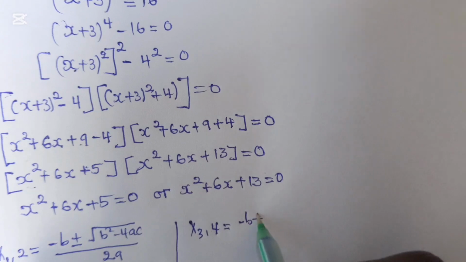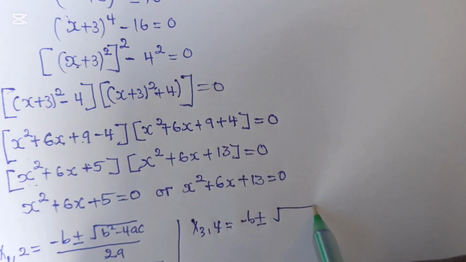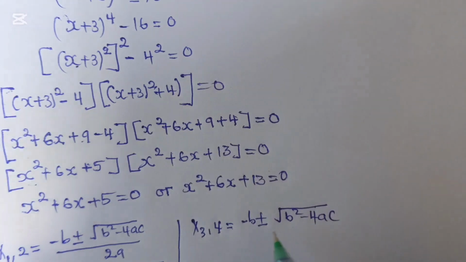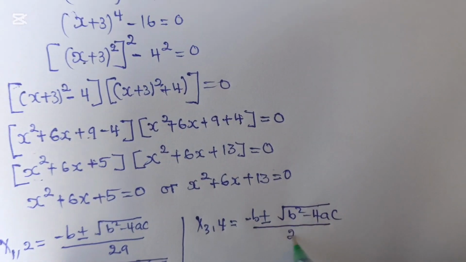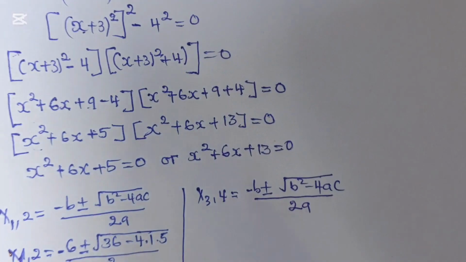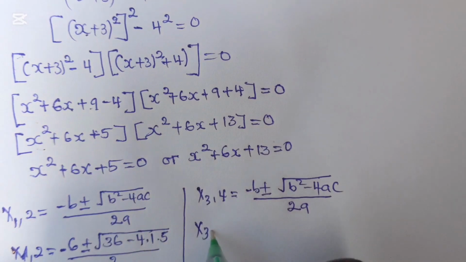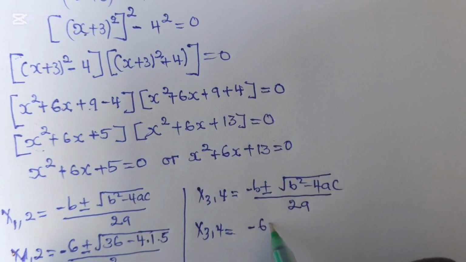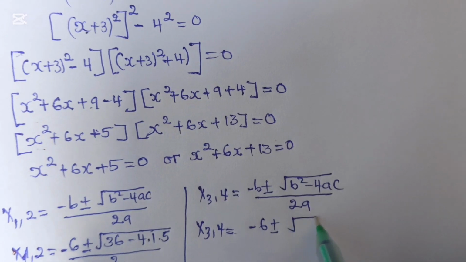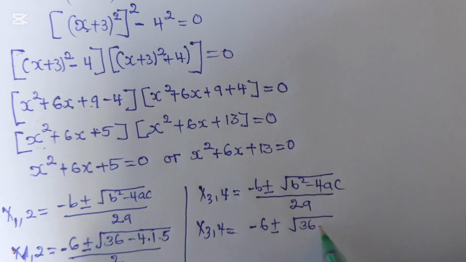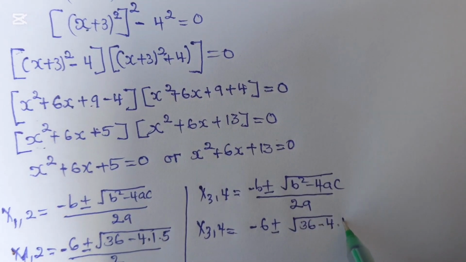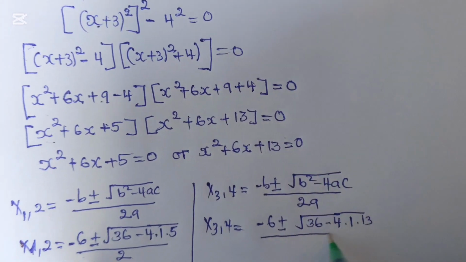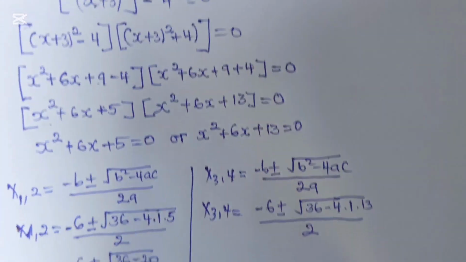Now for the second equation, x3 and 4 will be equal to negative b plus or minus the square root of b squared minus 4ac, over 2a. Then x3 and 4 will be negative 6 plus or minus the square root of 36 minus 4 times 1 times 13, over 2.